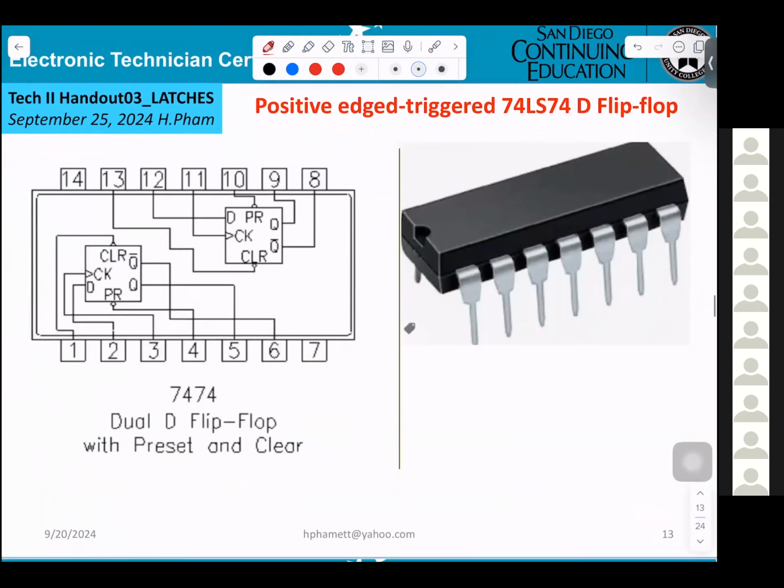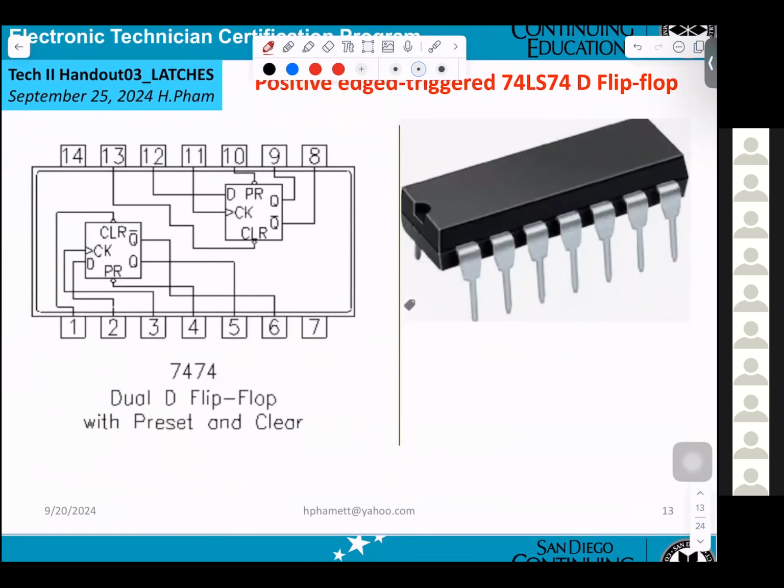Okay, now, do you see the 74? D flip-flop. 14 pins. You see that pin 1, 14.